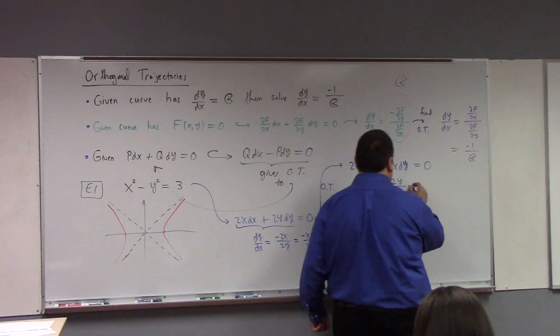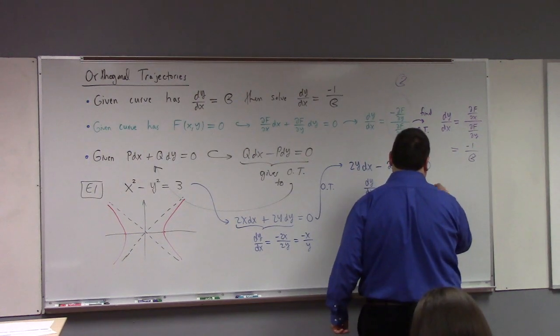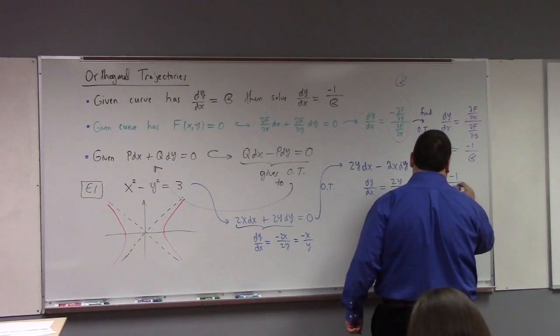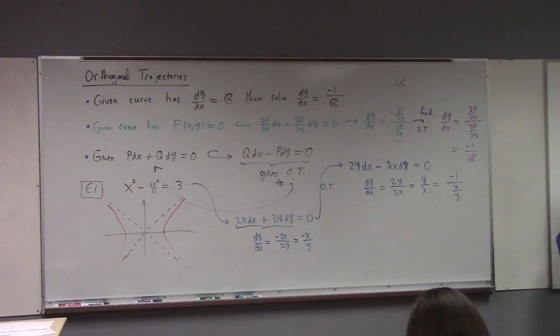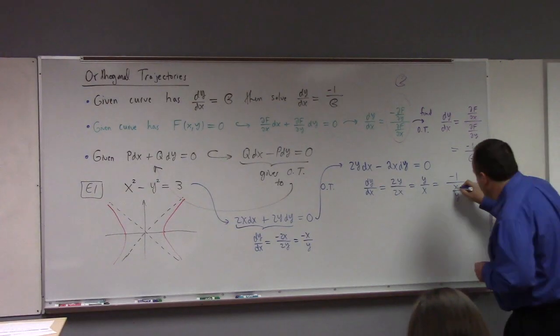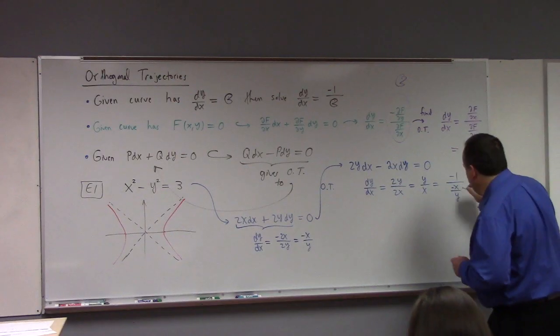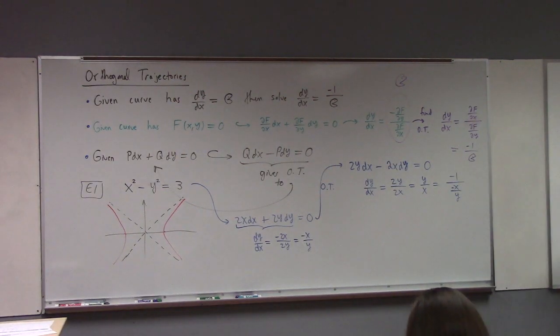And this, of course, is y over x, which is also equal to minus 1 over x over y, right? Put a minus down here. I'm just checking, trying to make sure I didn't make a mistake since I already made one typo. As you can see, that dy/dx is the negative reciprocal of what we started with, right? So if we solve that, it should give us the orthogonal trajectories.